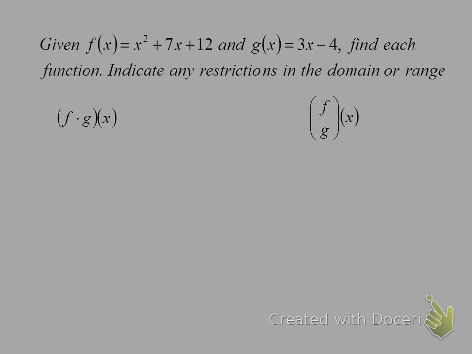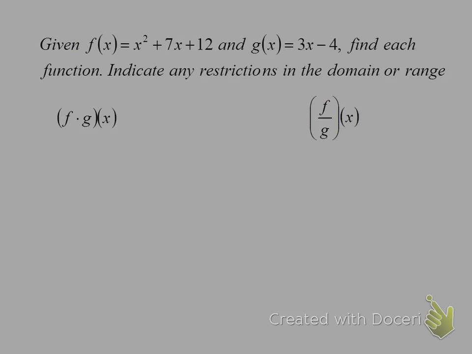Alright, so I'm changing the functions on you, on purpose. Now given f of x being x squared plus 7x plus 12, g of x being 3x minus 4, find each function, and indicate any restrictions in the domain or the range.